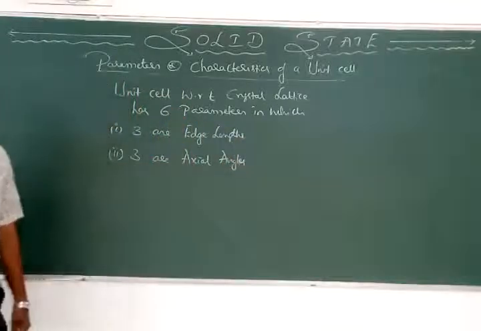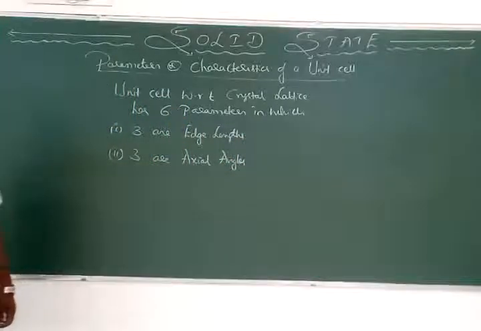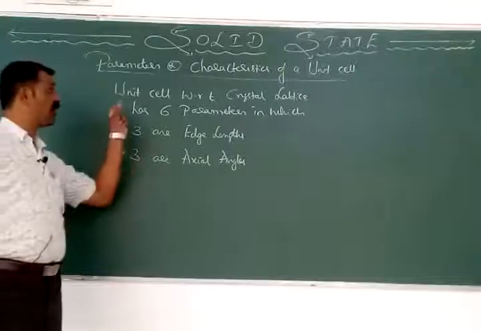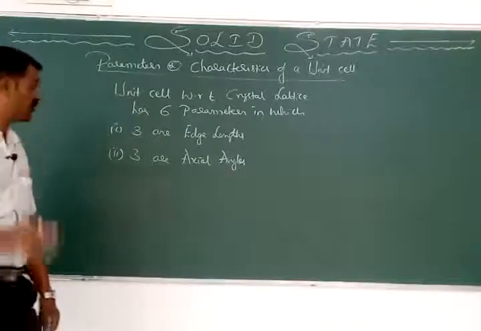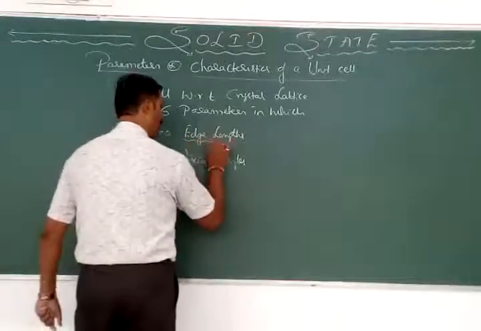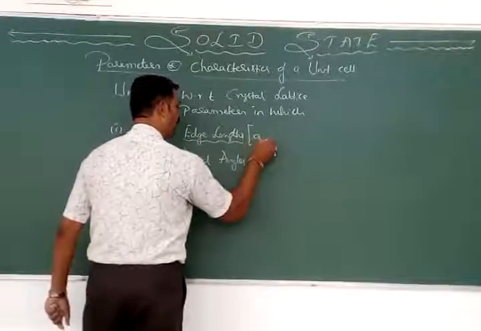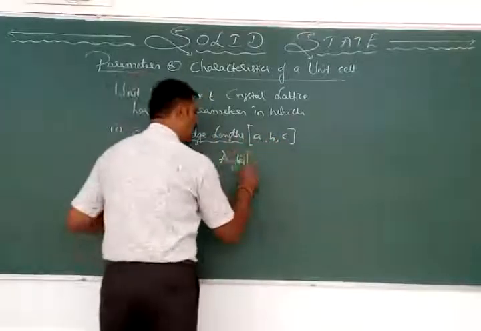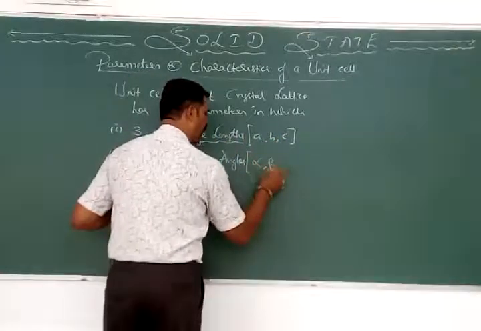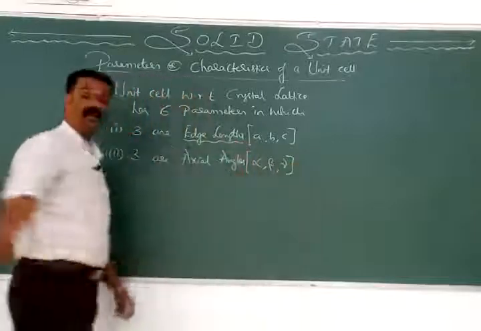Okay, we have 6 different parameters to express the characteristics of the unit cell, in which 3 are the edge lengths. Assume them as a, b and c. The axial angles are alpha, beta and gamma.